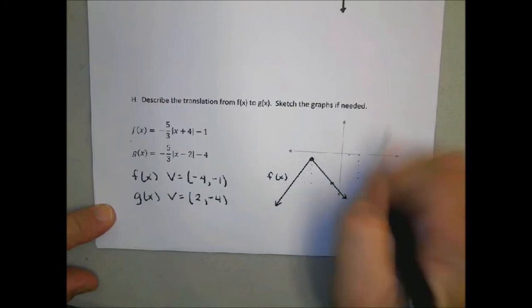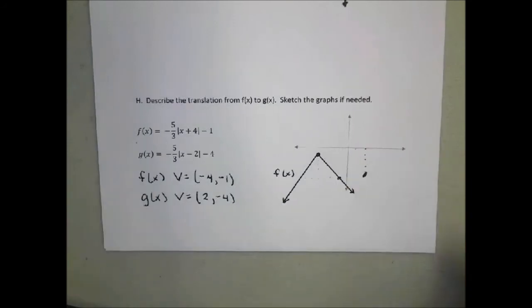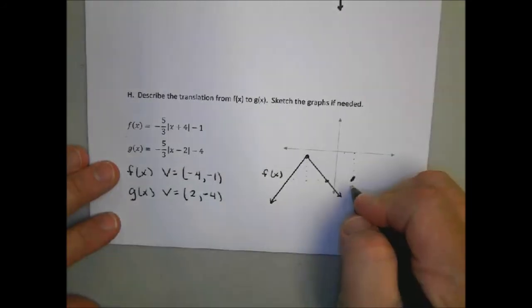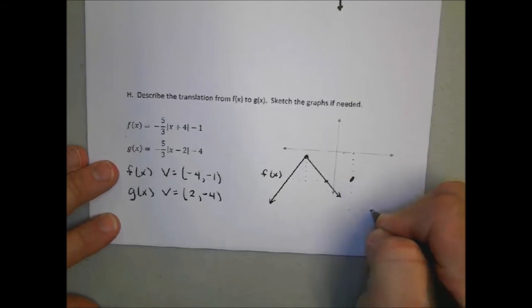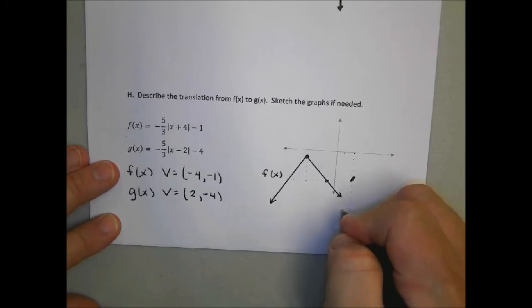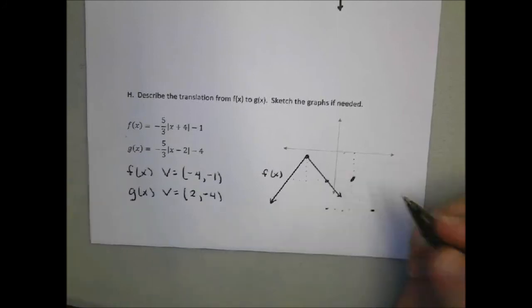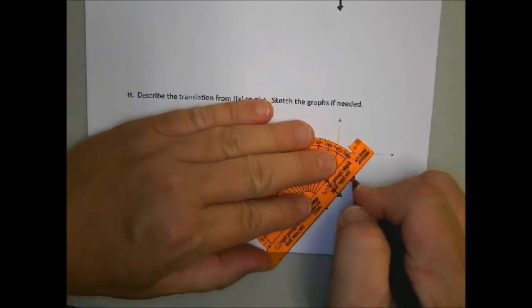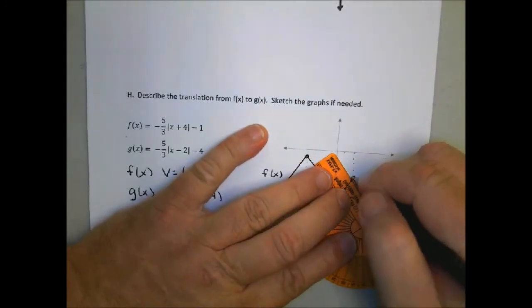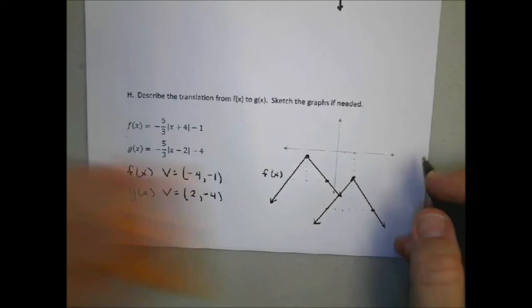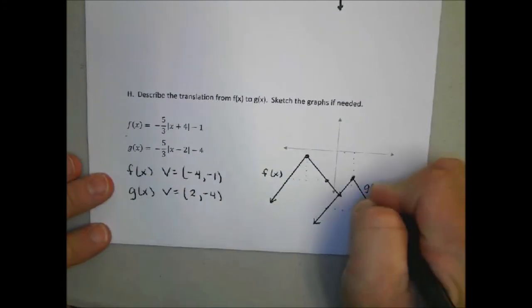It's going to be somewhere around right here. And it's going to have the exact same slope. Down 5, 1, 2, 3, 4, 5 over 3, and then down 5 over 3. So here's our g of x graph.